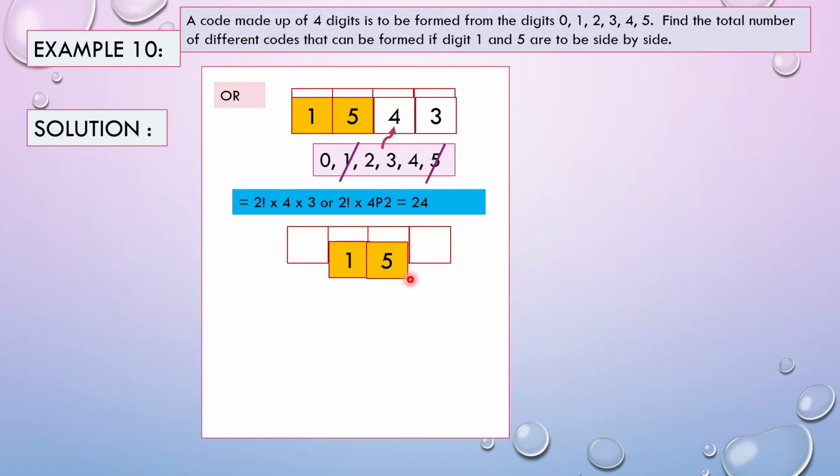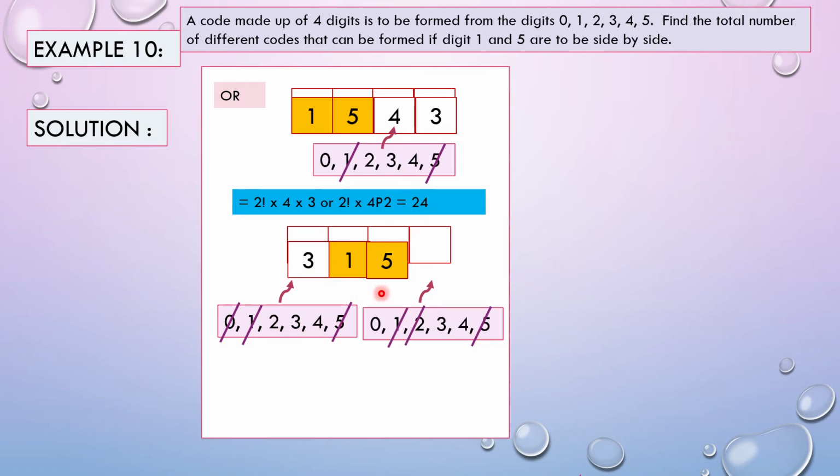Now, second arrangement, where we put the digits 1 and 5 at the second and third box. Again, for the first box, we cannot put in the digit 0. So eliminate 0, eliminate 1, eliminate digit 5. Therefore, left 3 options.